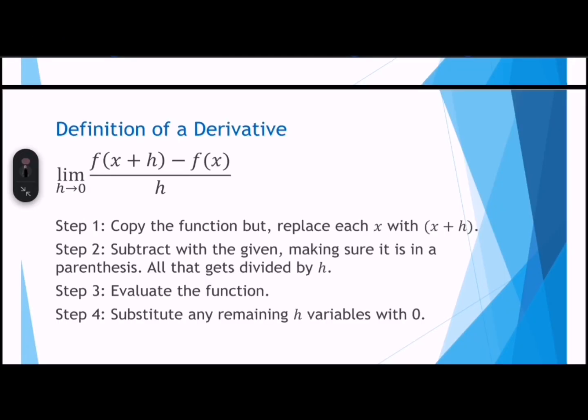Now at this point, let's move on to the definition of derivative. So I'm going to write the same problem, which is f of x equals 4x squared plus 50.